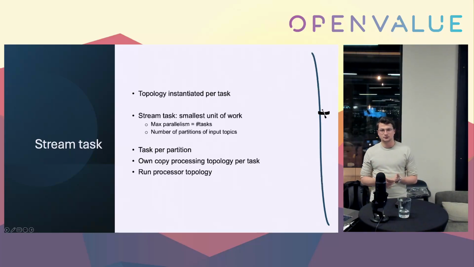So that's why I said before the number of partitions is important, because that means that if you have more partitions, you can scale up higher. And each task has its own copy of the processing topology, and it runs this independently.